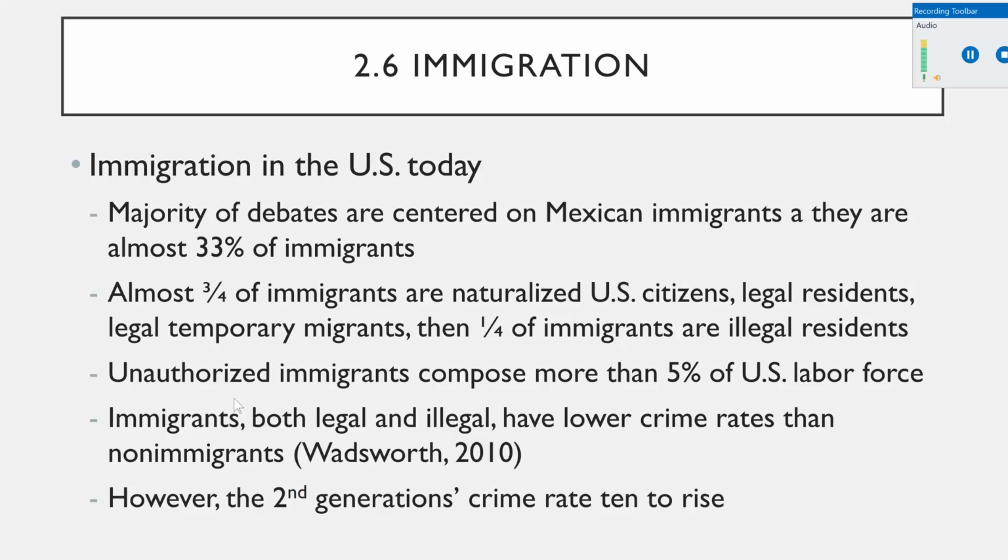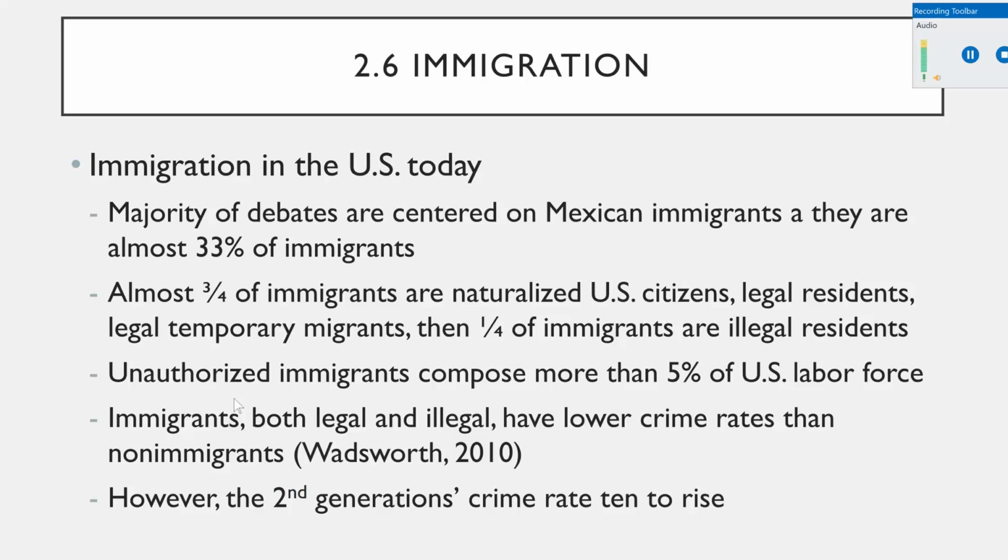Immigration in the U.S. So I want to check the recent issues and statistics of immigration. Major debates are centered on Mexicans or Hispanics among the recent immigrants in the U.S. So 33% of the immigrants are from Mexico.